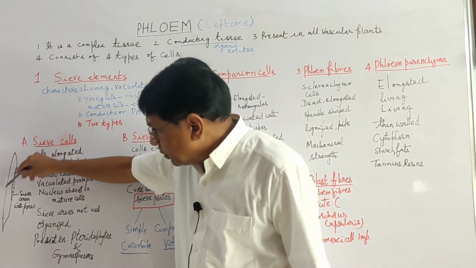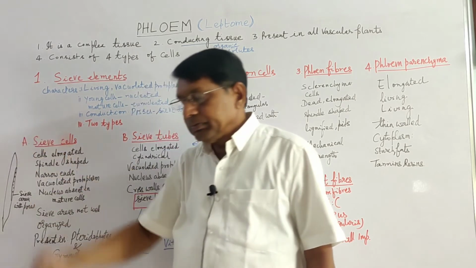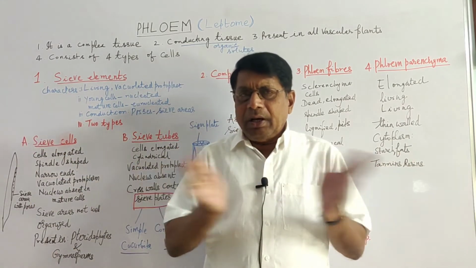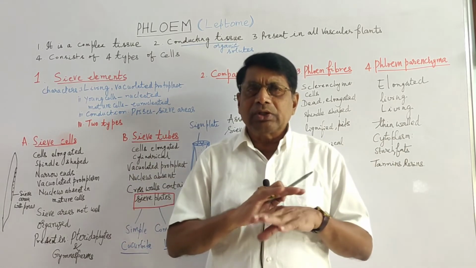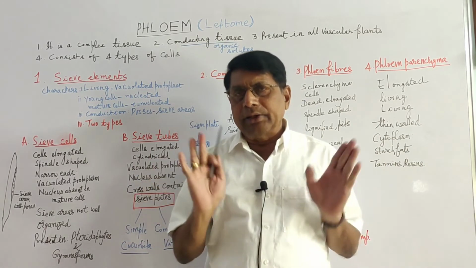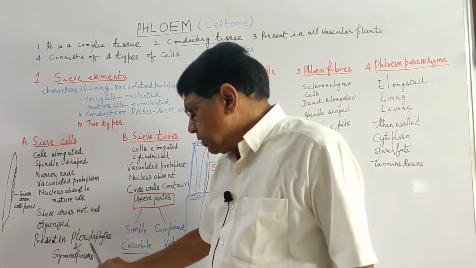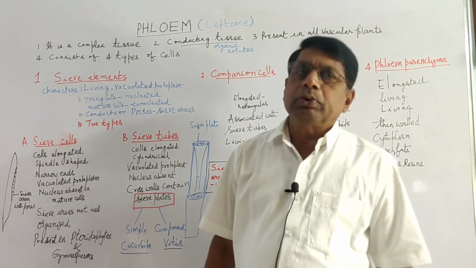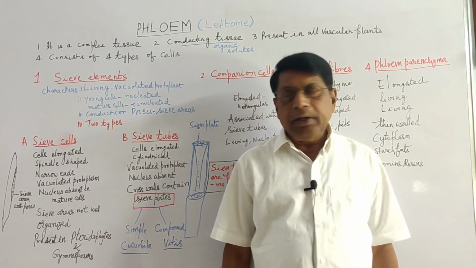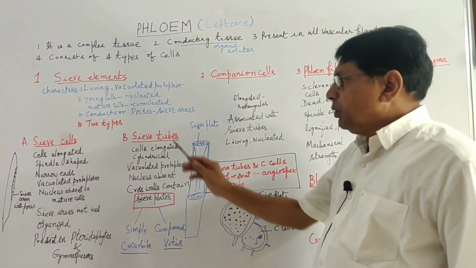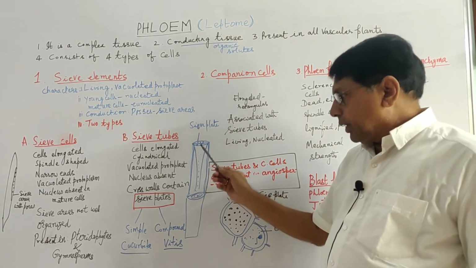This is the sieve area, these are sieve pores, randomly distributed. Sieve areas are not well organized in pteridophytes and gymnosperms.